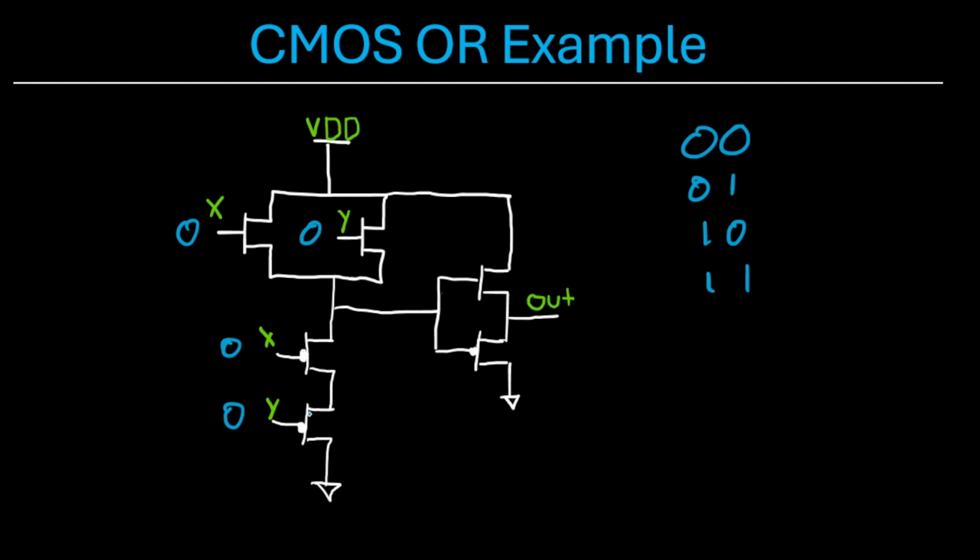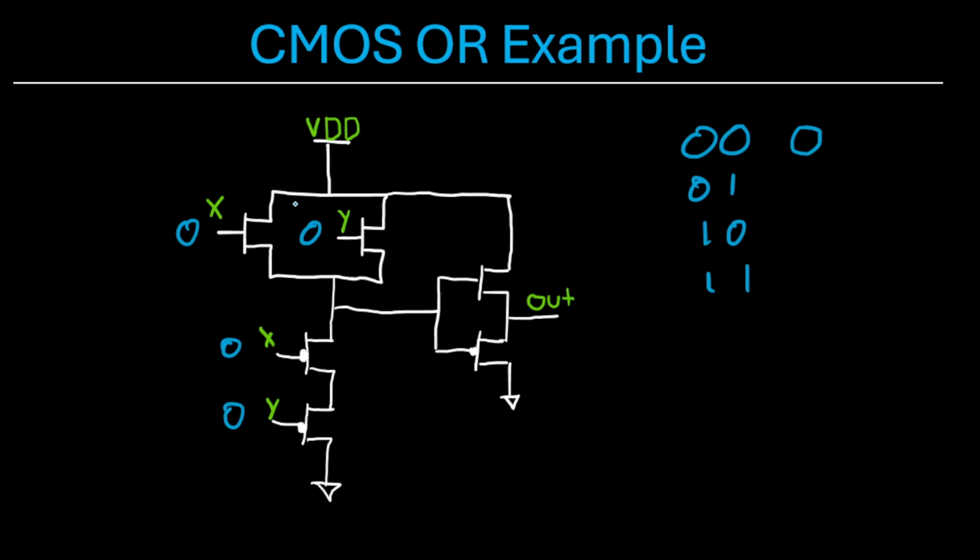These bottom two PMOSs will both be on, thus connecting the ground up into here, and then to the gate of this PMOS down here, which, since we're connecting ground to it, this transistor will also be on, thus connecting out to ground. Okay, so 0, 0 results in an output of 0.